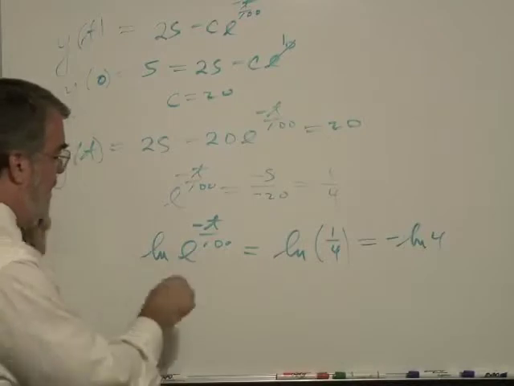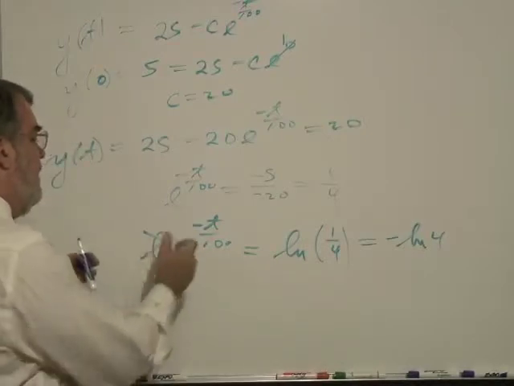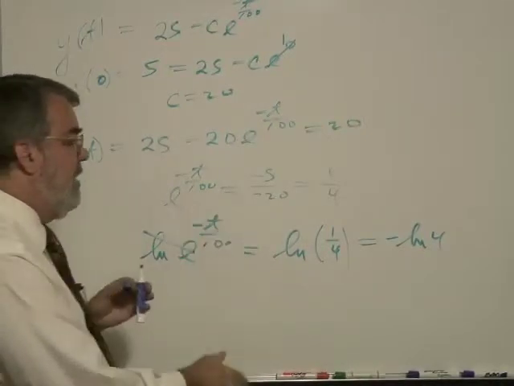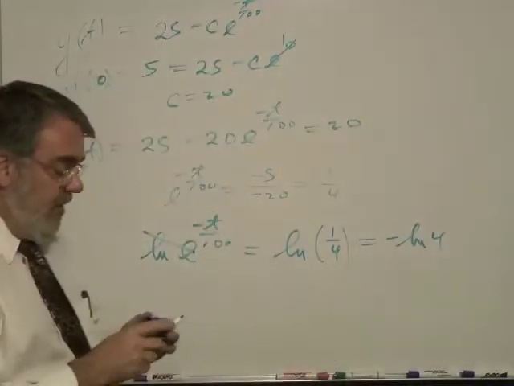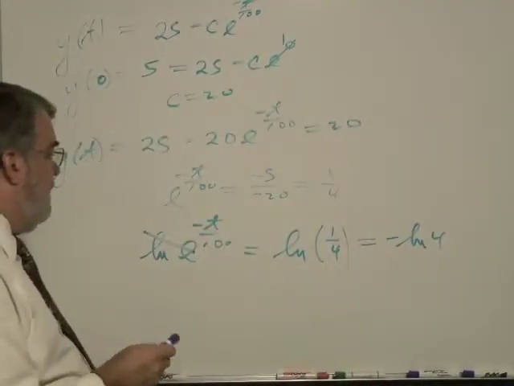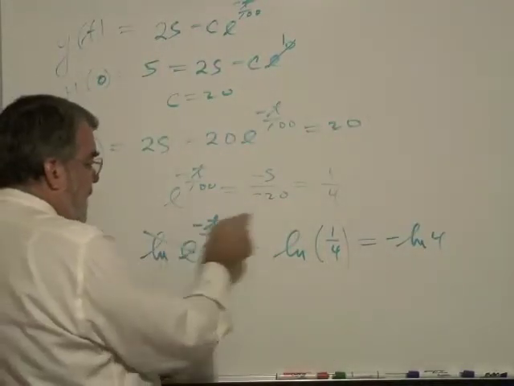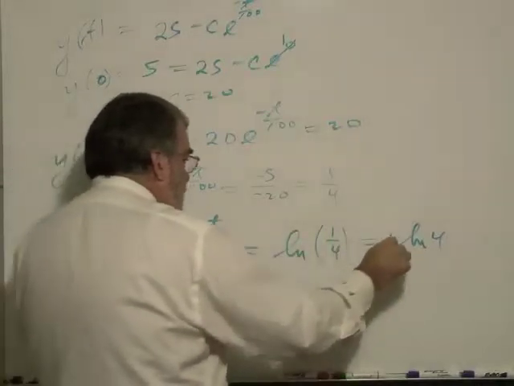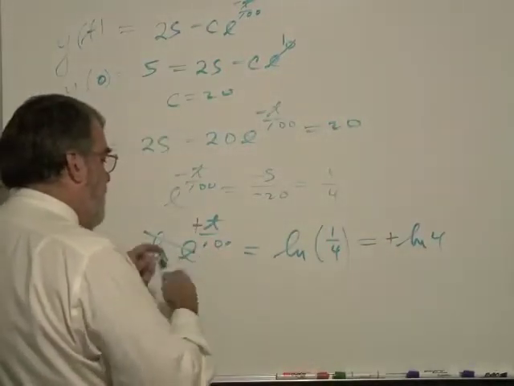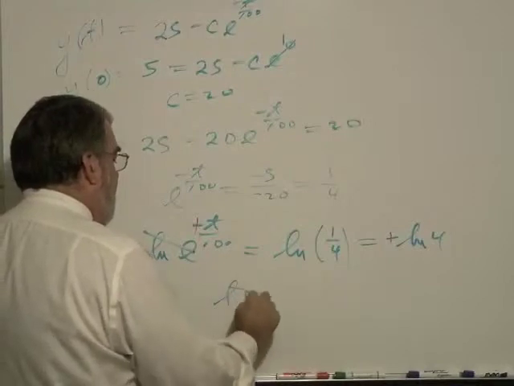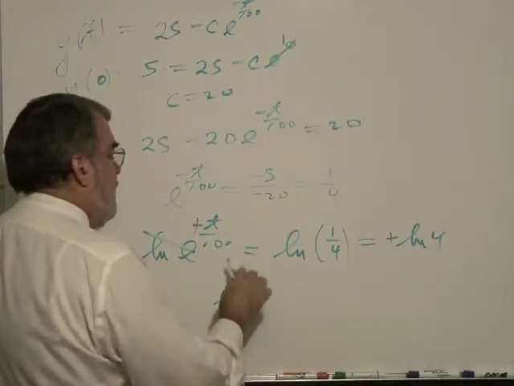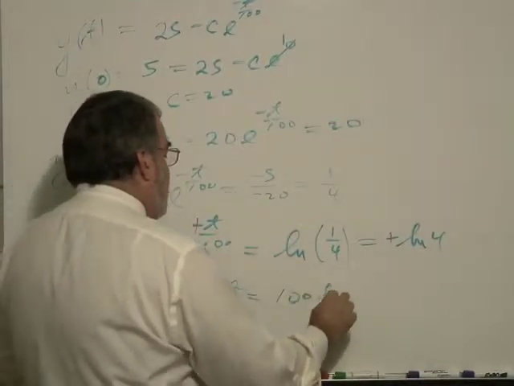Natural log of e cancels, so I have negative t over 100 equals negative natural log of 4. So when I'm solving this problem, the negatives will cancel, and t equals 100 times the natural log of 4.